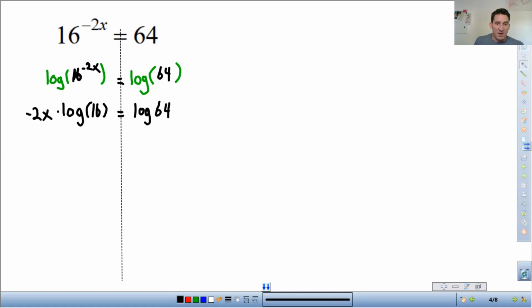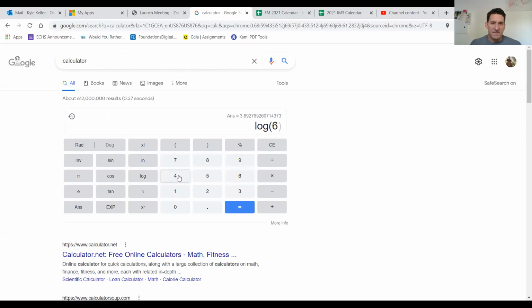To solve from here, I can divide both sides by the log of 16. And then use a calculator for that one. Log of 64 divided by log of 16.